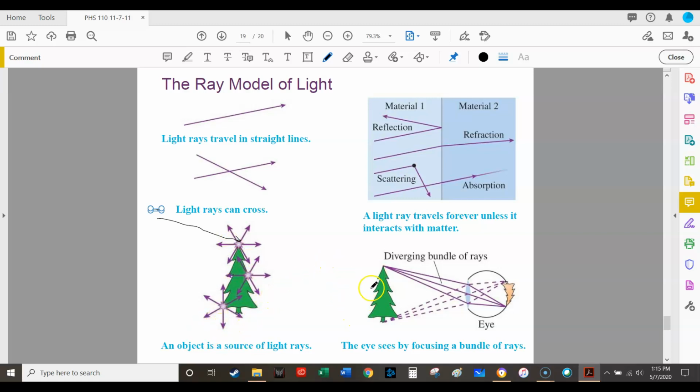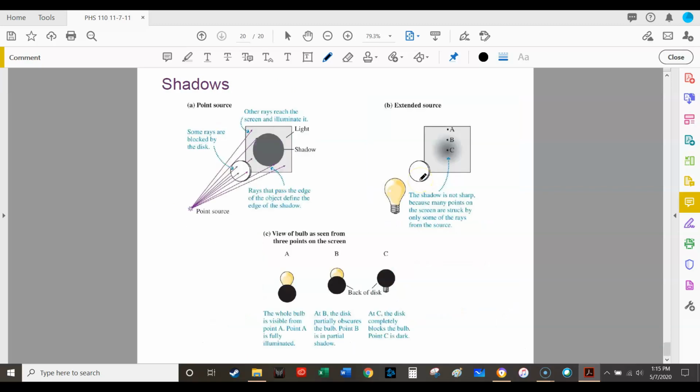So this is the object that you're seeing, and it's emitting light in straight lines. And that's how our eyes are working. It's kind of focusing the light. Okay, so light is reflecting, refracting, scattering, and absorbing through objects. So these are all the different ways that we could use light rays.